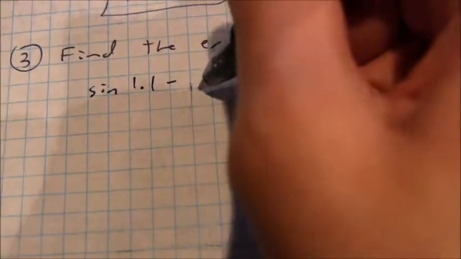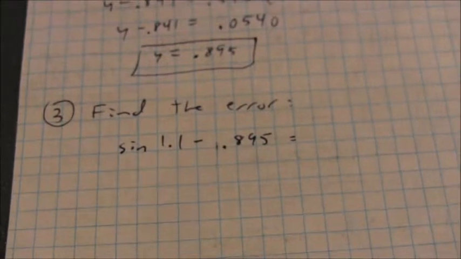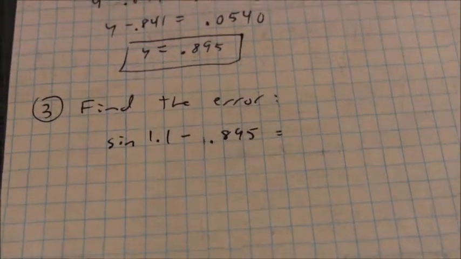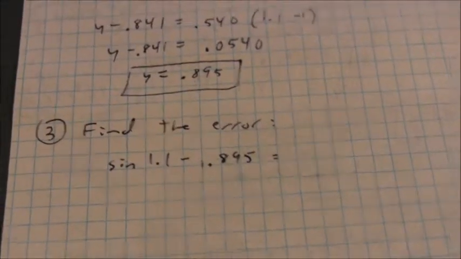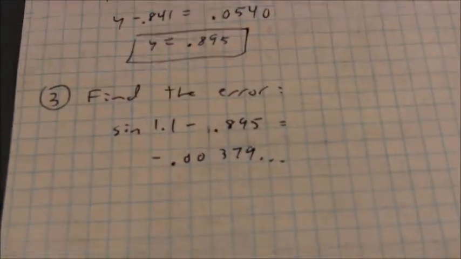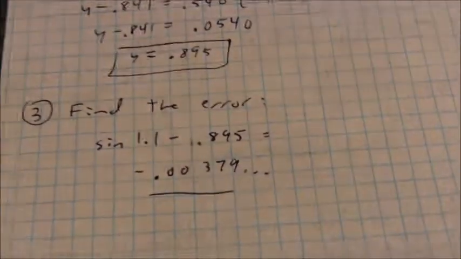So I could find the sine of 1.1 and subtract that 0.895 approximation, and I get approximately negative 0.00379. The decimal continues, so you can see I'm only off by a very, very small amount.